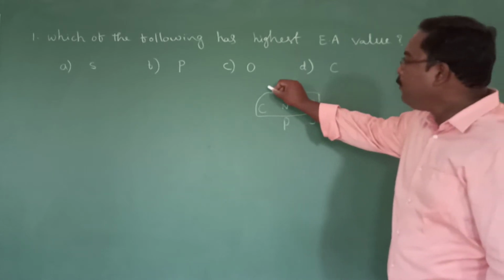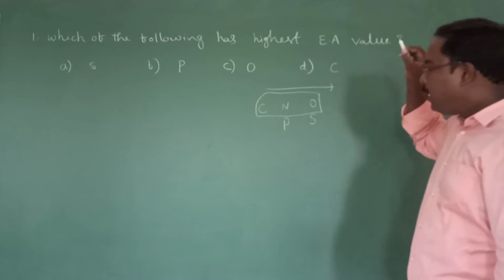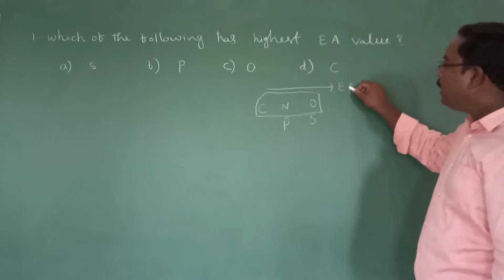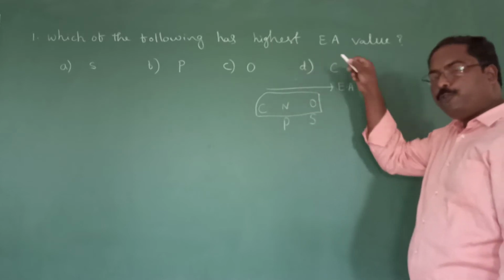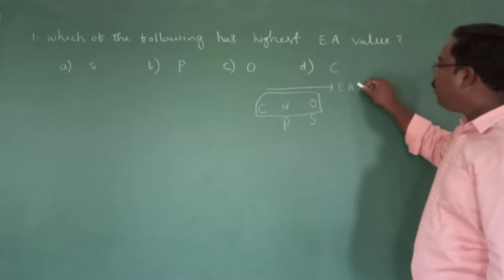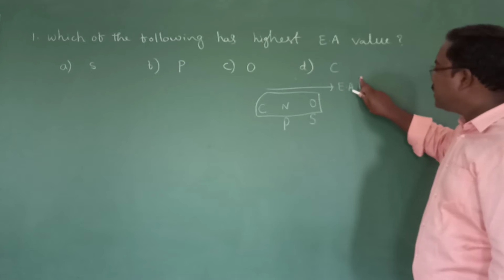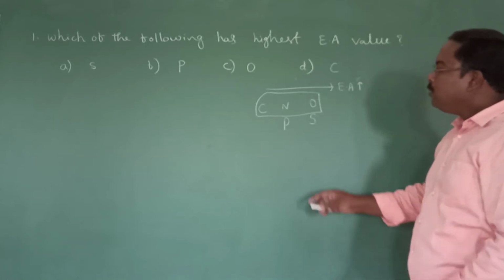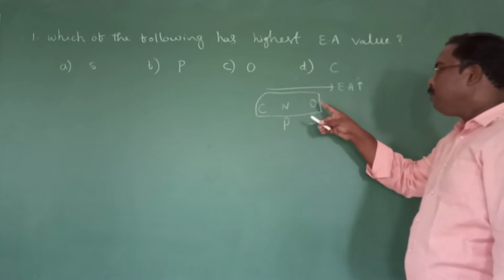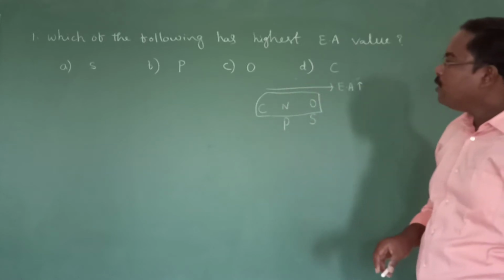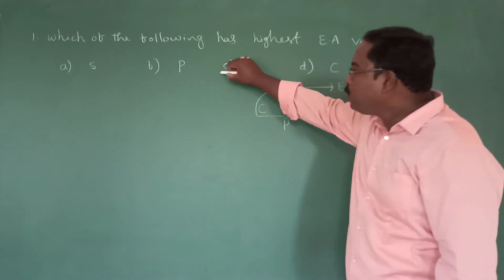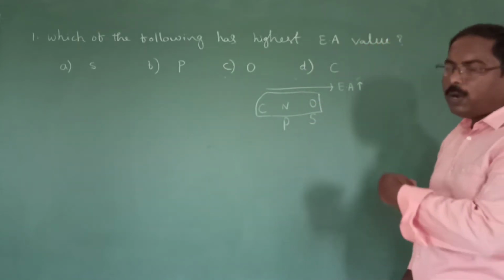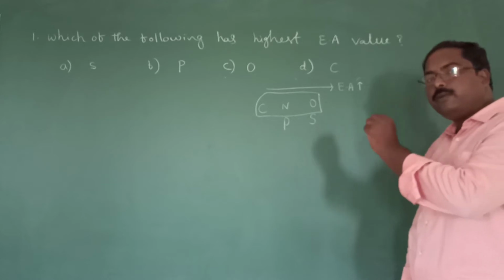But while moving from left to right in a period, what about electron affinity? We learned that when we move from left to right in a period, electron affinity increases. Okay? So carbon will have less value compared to oxygen. So, can we choose oxygen as our answer? No. That is what we discussed previously.